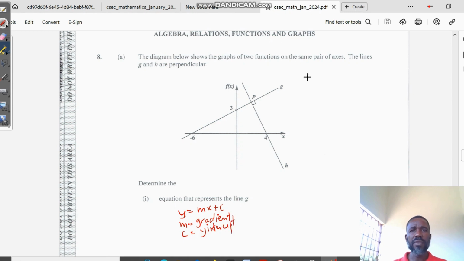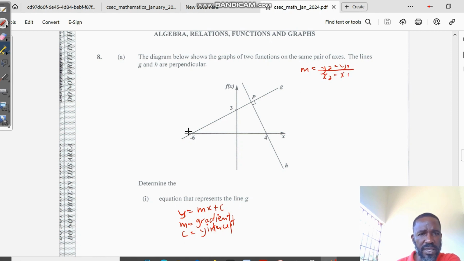Okay, so if we are to find m, one of the first things we need to do is find m, and m is equal to y2 minus y1 divided by x2 minus x1.